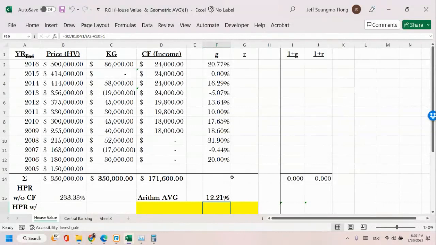I mean, simple average is something that you use when these data points have no correlation with each other. However, these growth rates are correlated with each other, one way or another. And it may look random. At this point, it looks random, but eventually the house price grew from this to this.